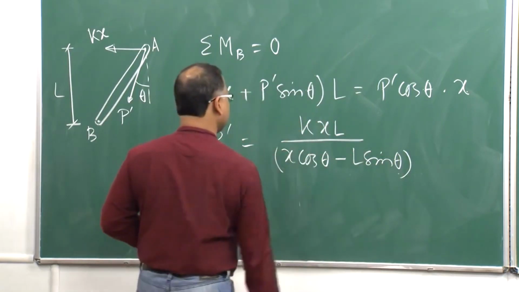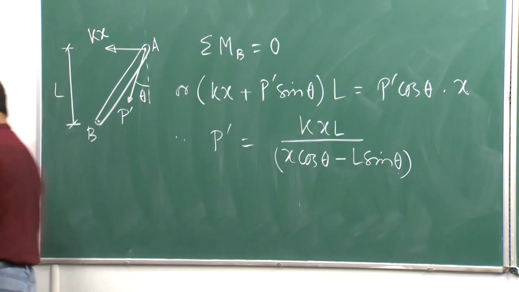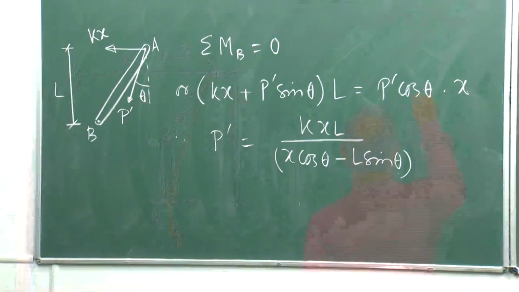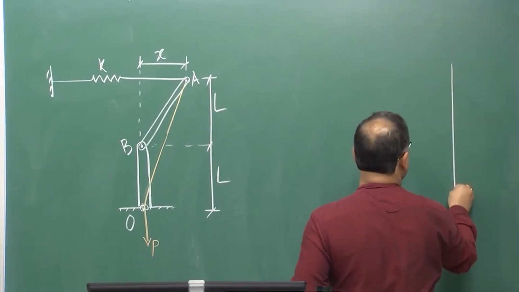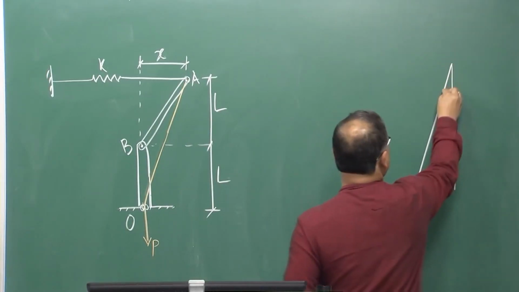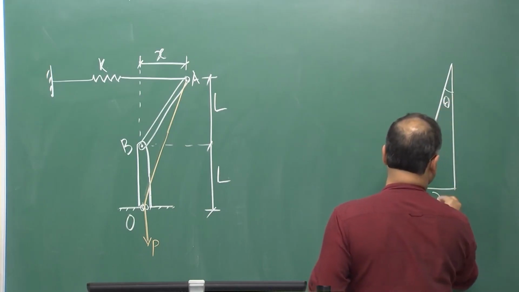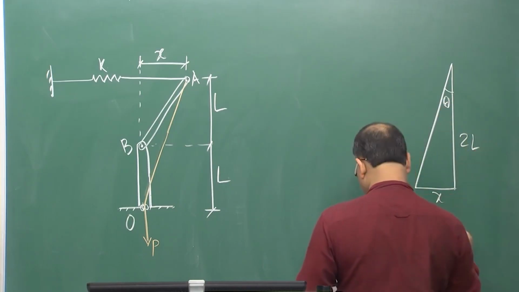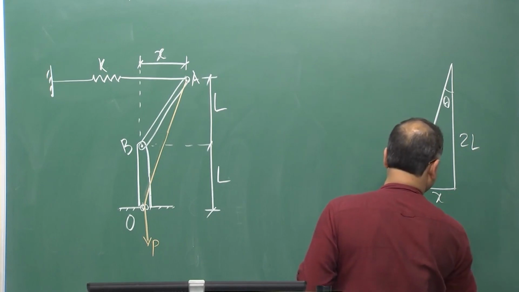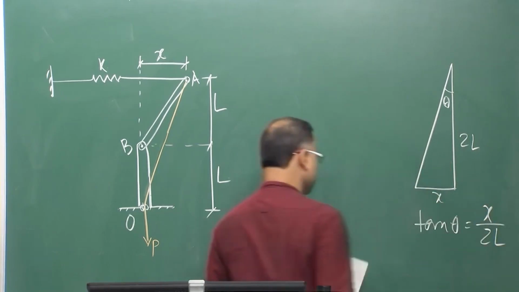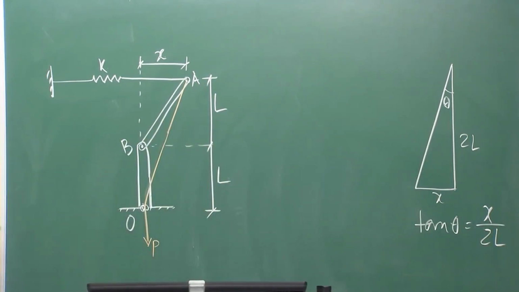Now, from geometry, if you look at this, this is the angle theta, this is x and this is twice L. So, from this I can get tan theta equal to x by twice L. This is coming from the geometry.